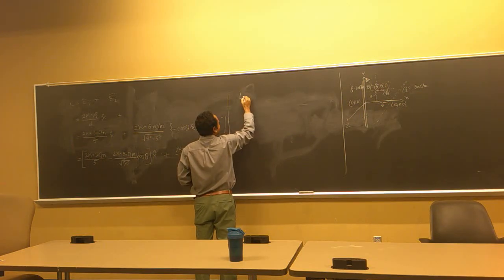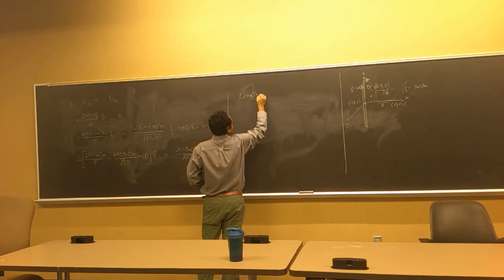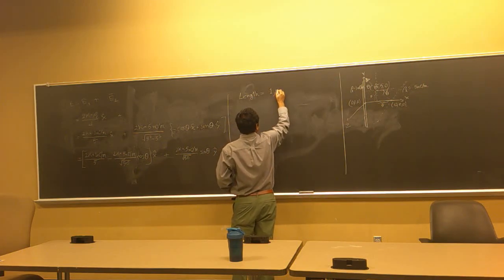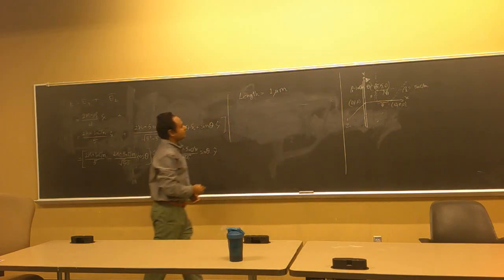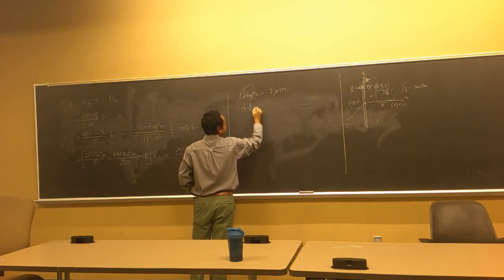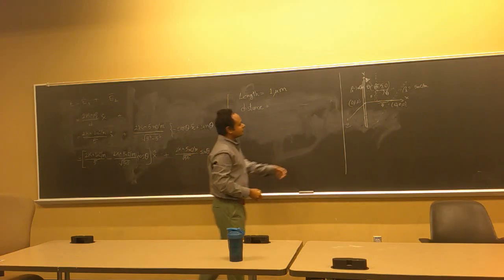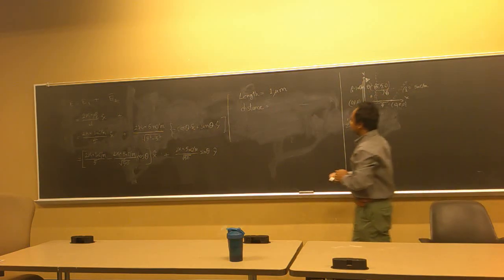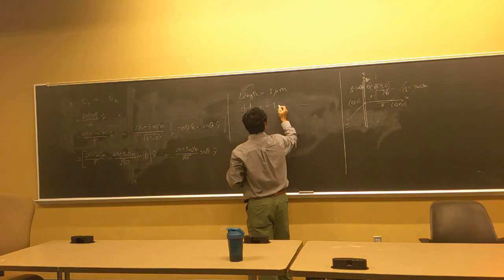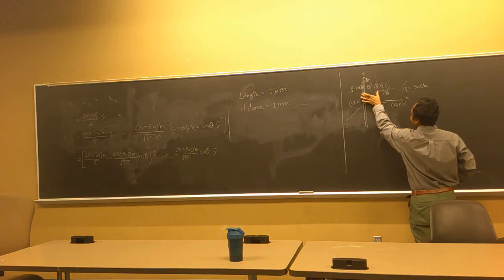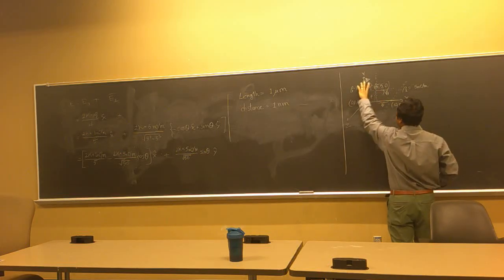So if the length of both wires is, let's say, 1 micrometer, and the distance of the point of interest that we are trying to calculate the electric field for is, let's say, 1 nanometer. So the distance of the point of interest is just 1 nanometer, and the length of the wire is 1 micrometer.